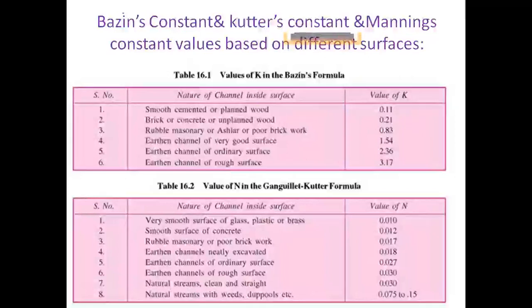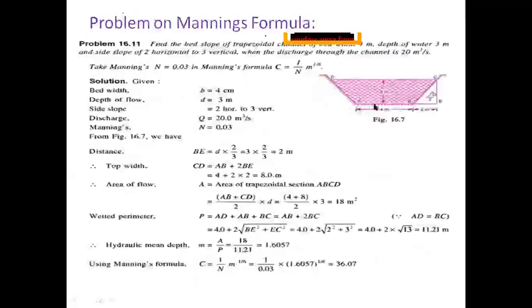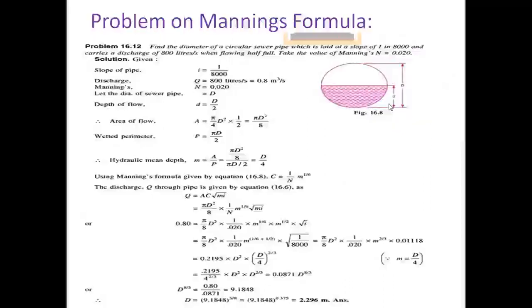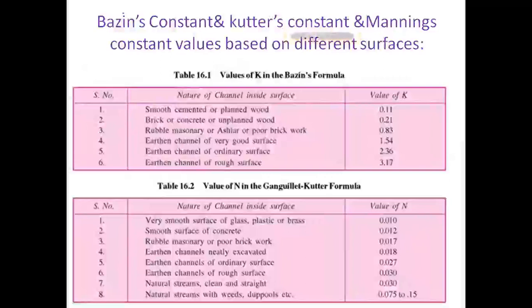But Bazin's constant k changes for different conditions, based on the type of roughness of the bed boundaries of the channel. Both Manning's and Kutter's constants are the same, denoted as n. Now see, for which type of roughness, what is the value.